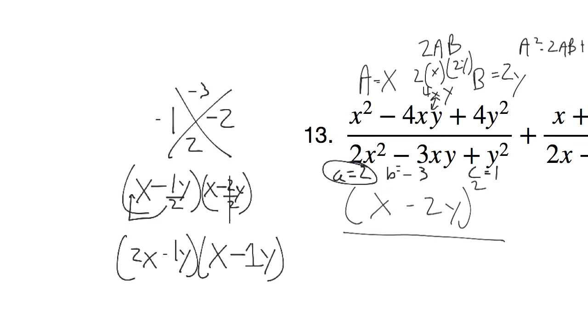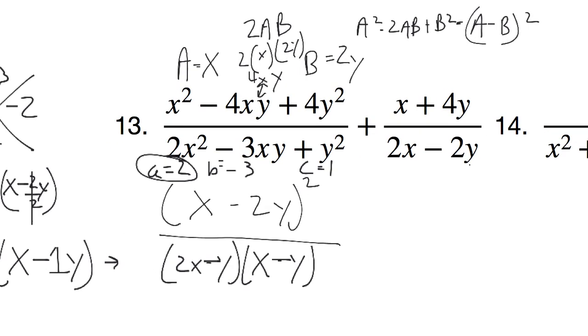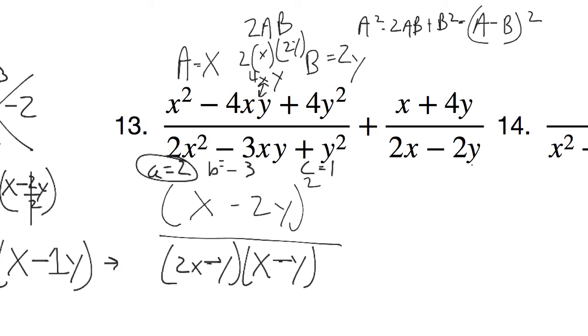When I recopy it over here, it's just going to be without the 1's. So we have 2x minus y and x minus y. Plus, let's factor the top, x plus 4y over, factor out the bottom, we get x minus y.